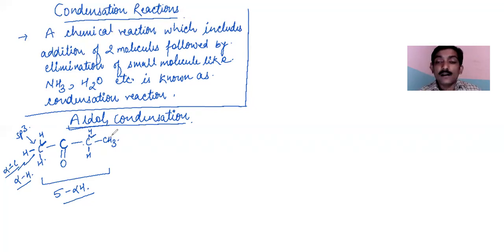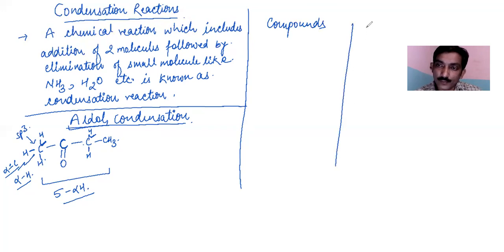So I'm writing a few aldehydes and ketones, and you need to tell me the number of alpha hydrogens in those given compounds.